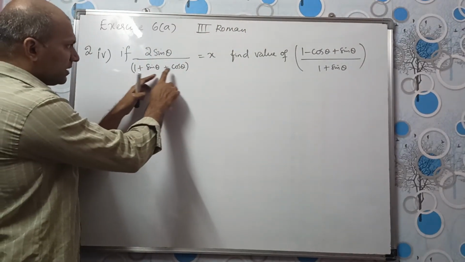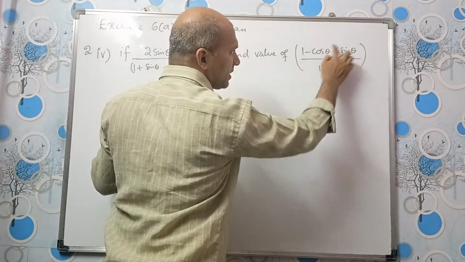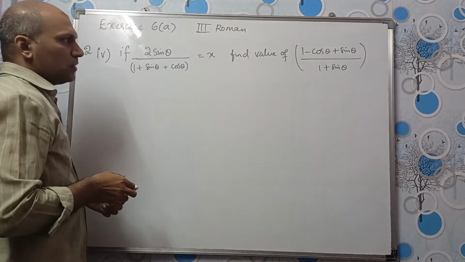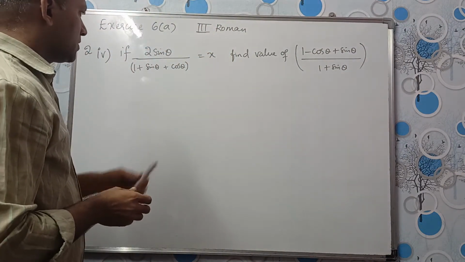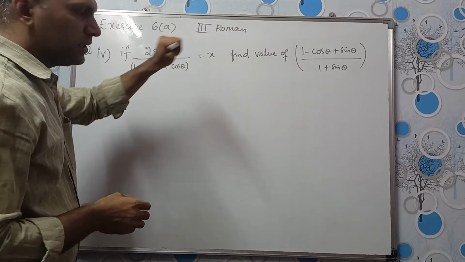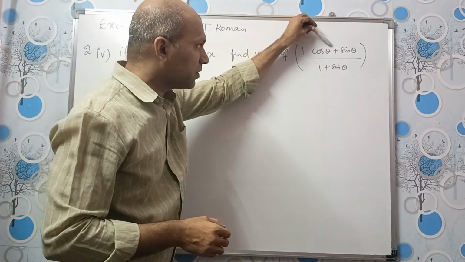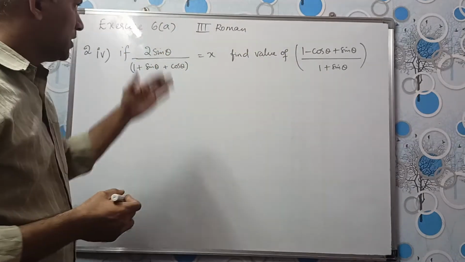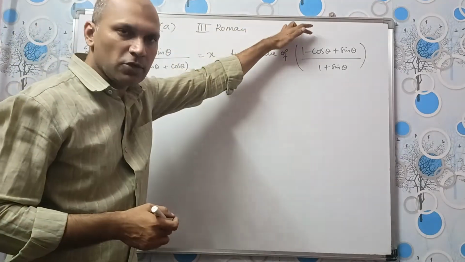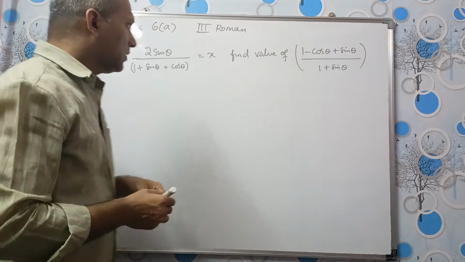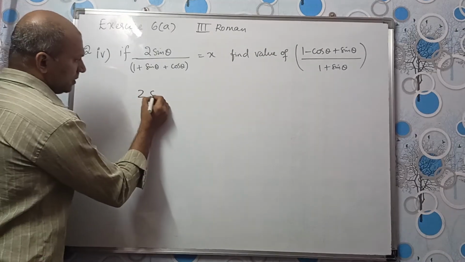Here we don't have that term. How can we get this 1 minus cos plus sin here in the numerator? By multiplying numerator and denominator by this term, right? Okay, let us see that.